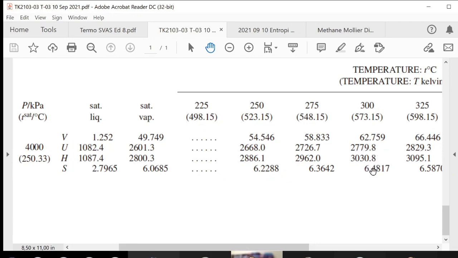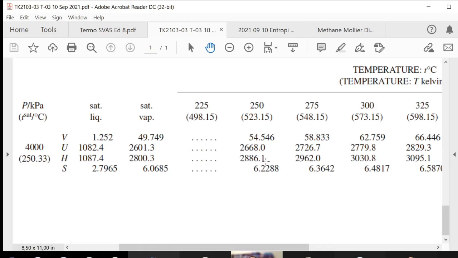Why is it not inside? Because the extreme right hand side of the dome is 2800. Remember, this is the left hand side of the dome, and this is the right hand side of the dome. Any enthalpy values above 2800 are outside the dome. Therefore, we have 2886.